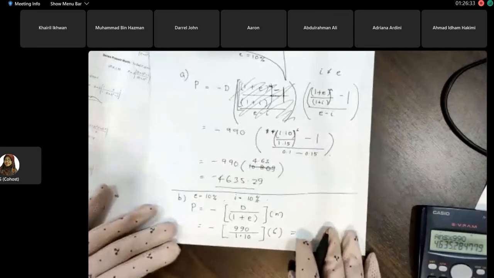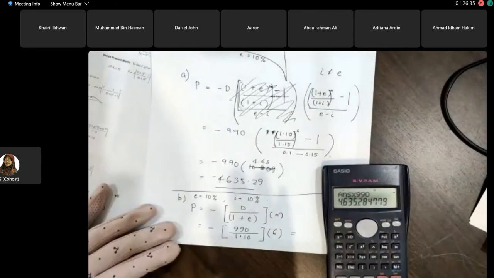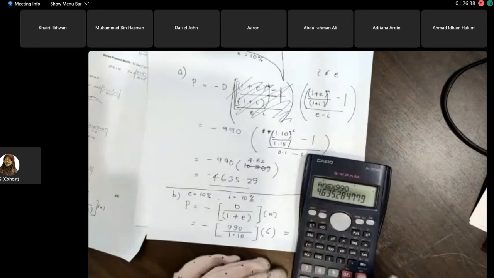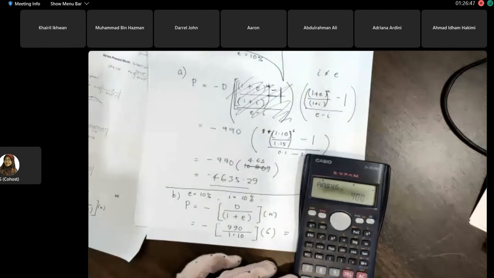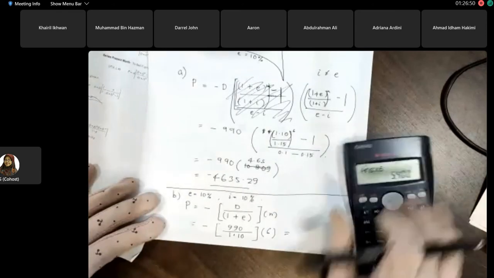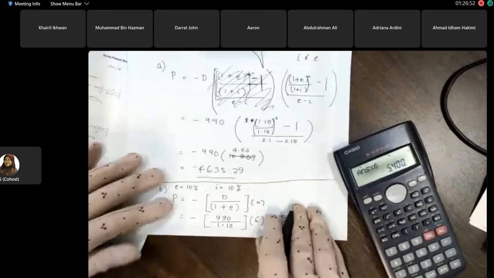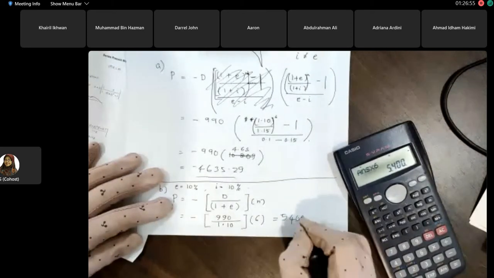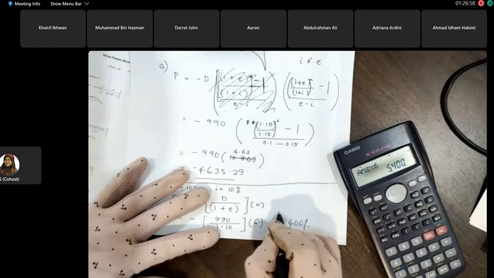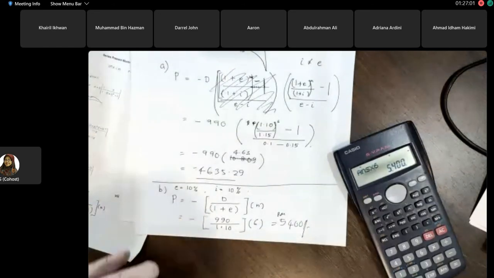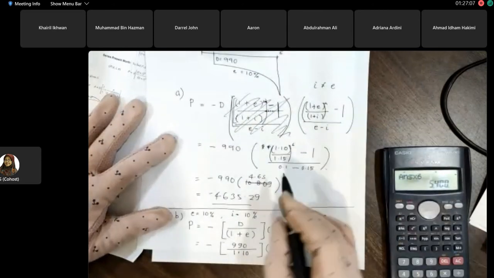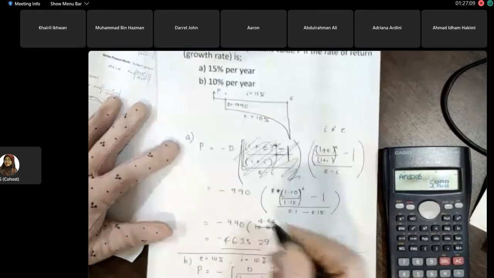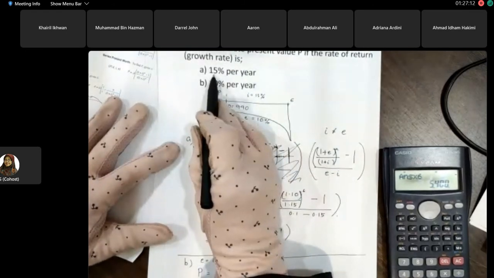So what is the answer? Tak ada power-power. Tak ada. So 990, 0.1 dapat ni times 6. 5,000. Okay. 4,420.